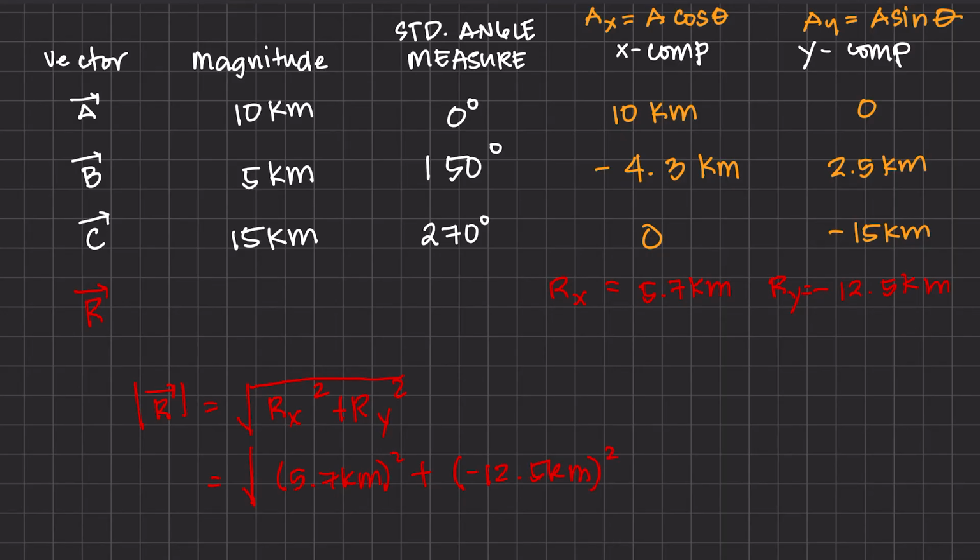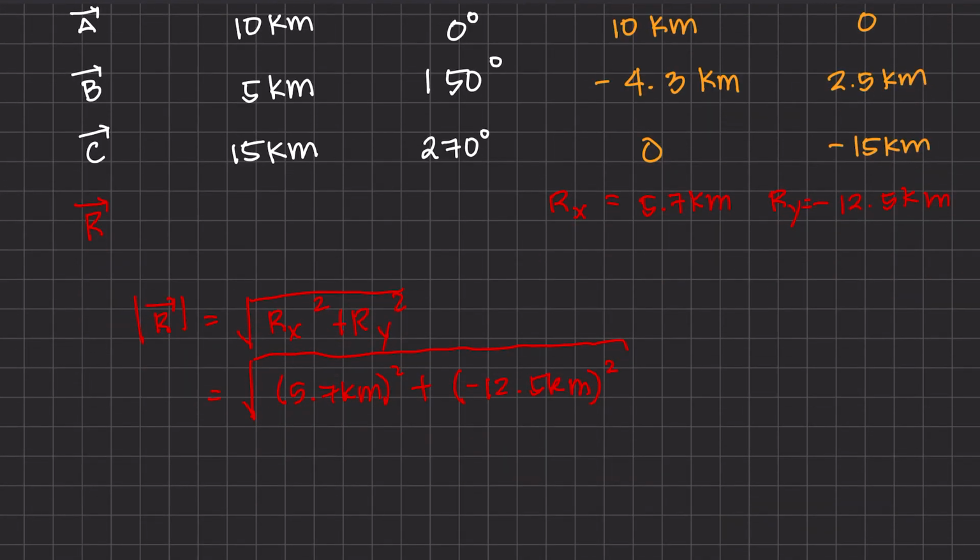By the way, it will just be positive because it is squared. Also, magnitudes are positive, so resultant vector is square root of 5.7 squared plus 12.5 squared. So we have 13.7 kilometers. That's the magnitude of our resultant vector R, 13.7 kilometers.